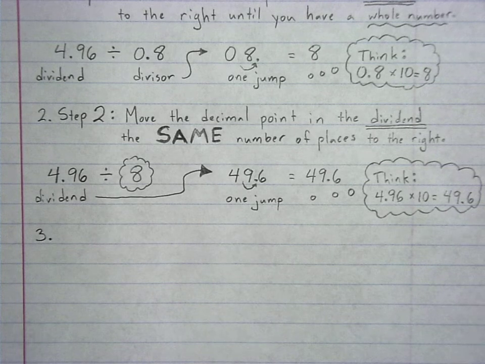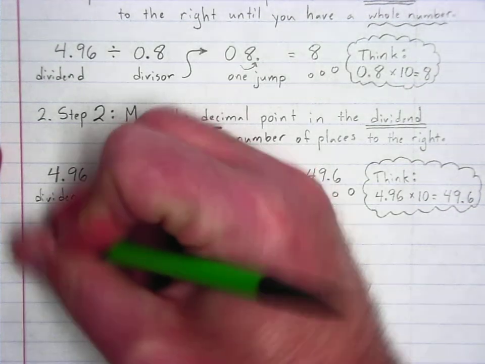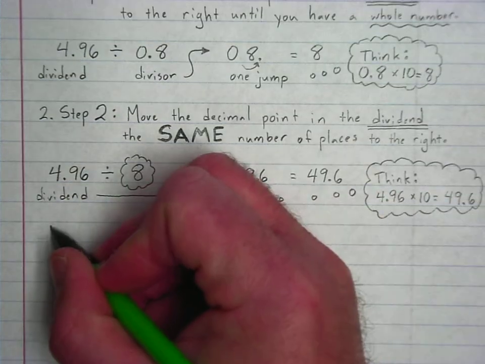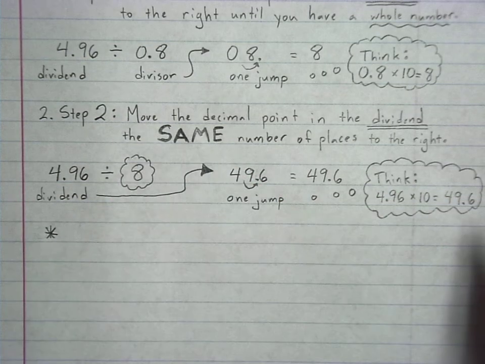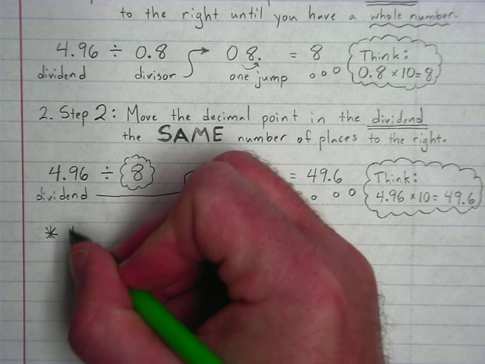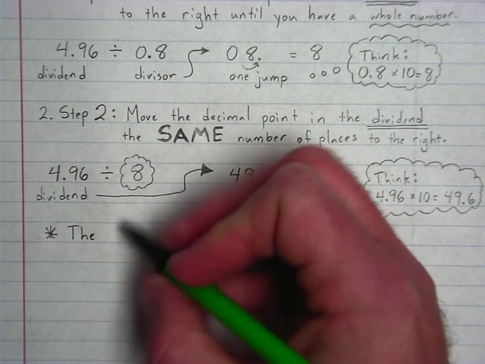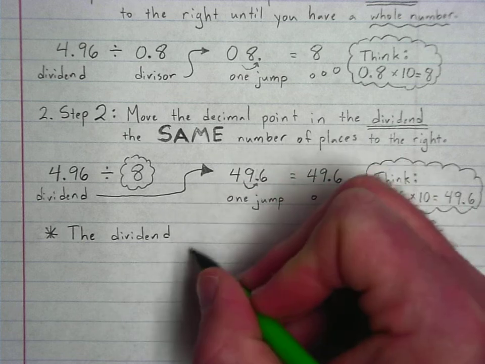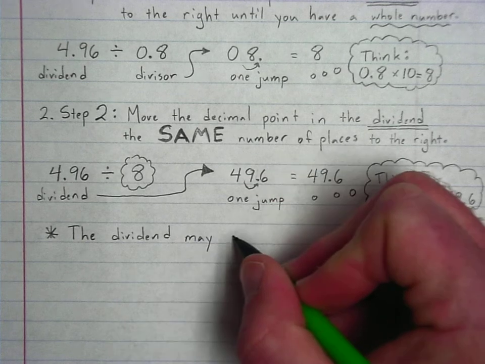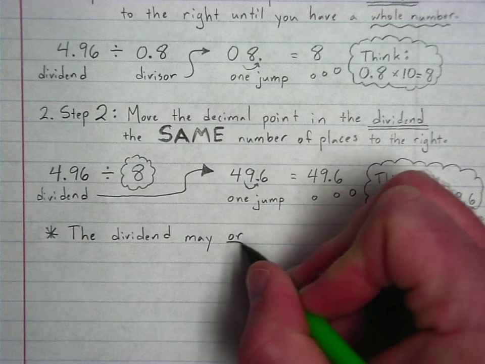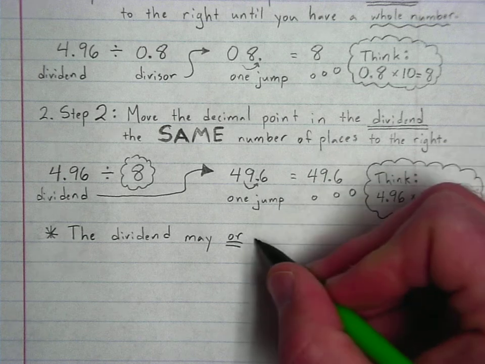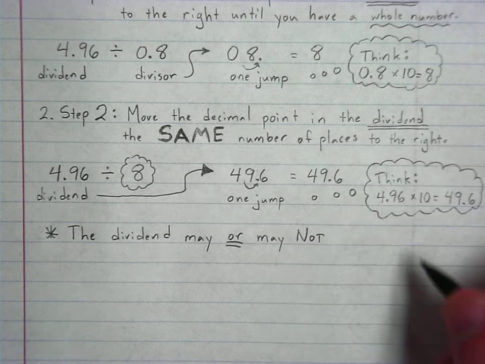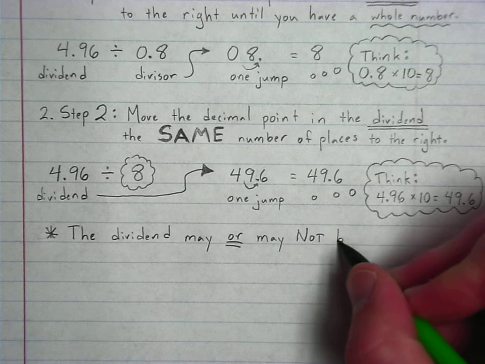All right. Now actually, sorry, there is one other thing I'd like to put in here. One quick tip, one quick reminder, and I mentioned this earlier. The dividend may or may not be a whole number when you're done.